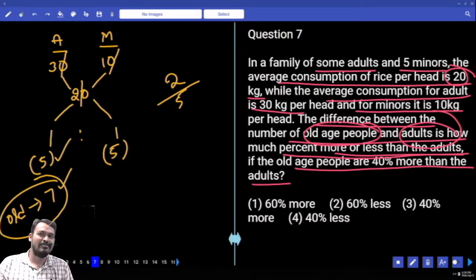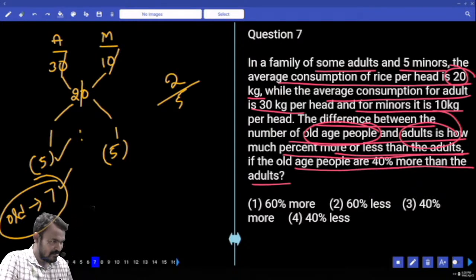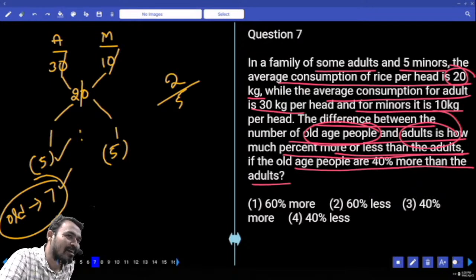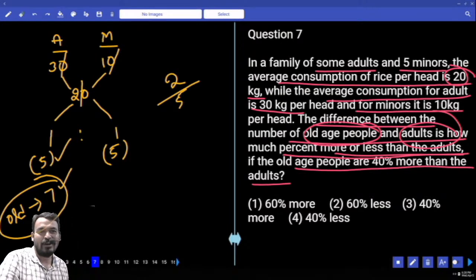Is all this actually needed? Think a little. These two differences are how much? The statement is already given: old age people compared to adults are 40% more. If adults are 100%, old age people are 140%.